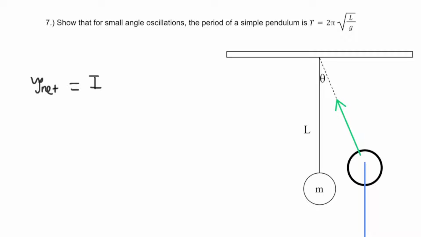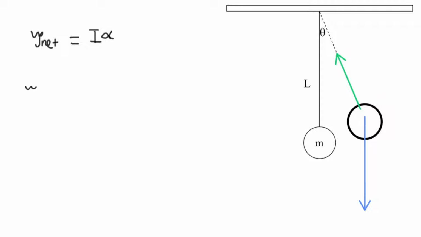Let's figure out what the net torque is. It's going to be equal to the torque caused by the tension force plus the torque caused by the gravity force mg. Again, we will just label these: this is mg, and this is F_t.